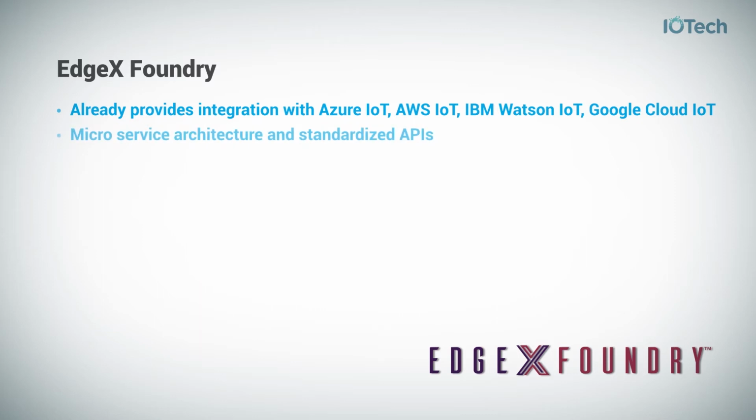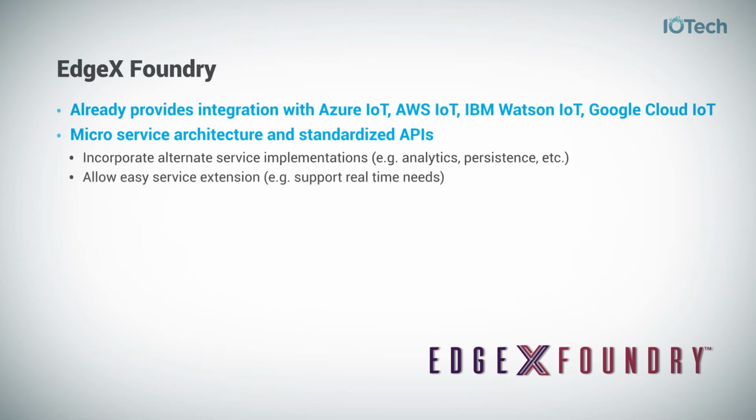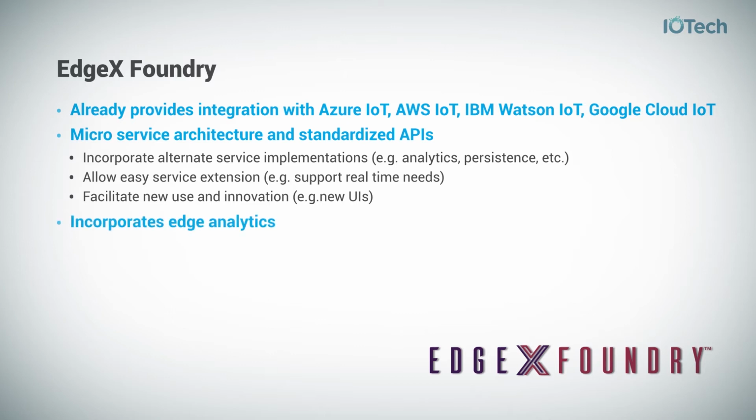EdgeX microservice architecture and standard APIs allow you to easily replace elements of the Edge platform like the analytics, or provide your own extensions. Ecosystem partner companies like my own, for instance, provide connectors for time-critical applications. Further proof, the openness of EdgeX has allowed organizations to build user interfaces, threat detection systems, and other applications around or on top of the platform with relative ease.